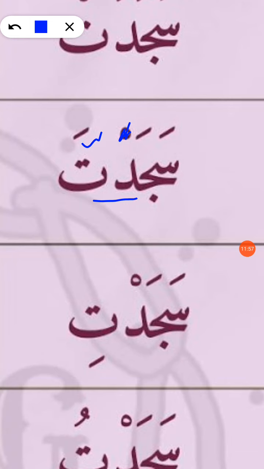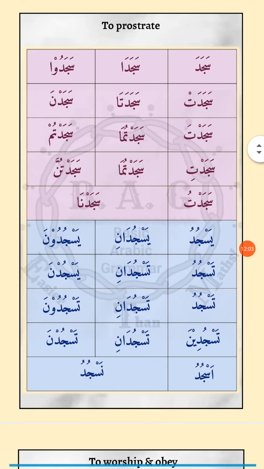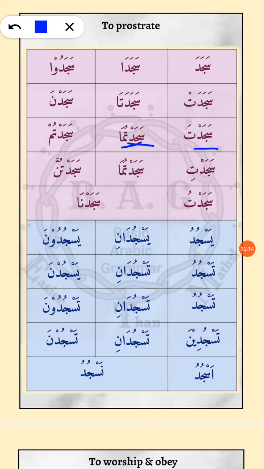Sajatta, sajatti. And that's where you get the assimilation from. So that's how you're going to vocalize it: sajatta, sajattuma, sajattum instead of sajadtum. Use their way.